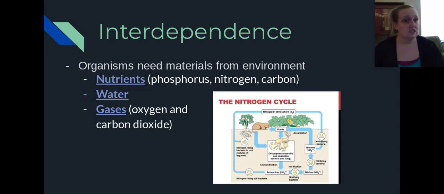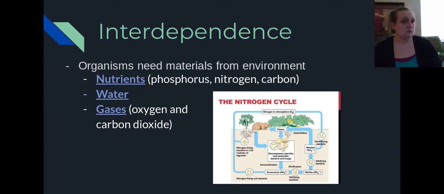Now, interdependence has to do with the nutrients and things that organisms need from their environment. They need nutrients, water, and gases. The types of nutrients that organisms get from their environments include phosphorus, nitrogen, and carbon, water, all things need water, and also gases, including oxygen and carbon dioxide.